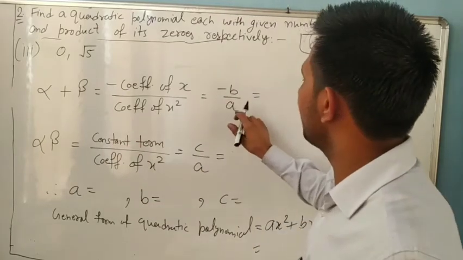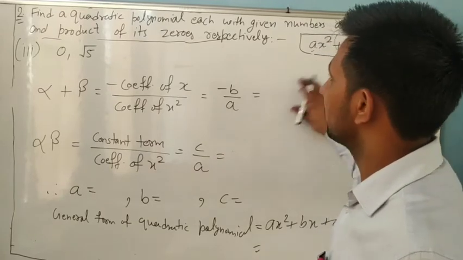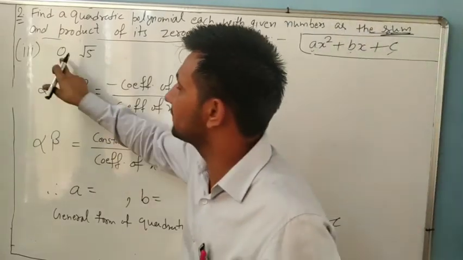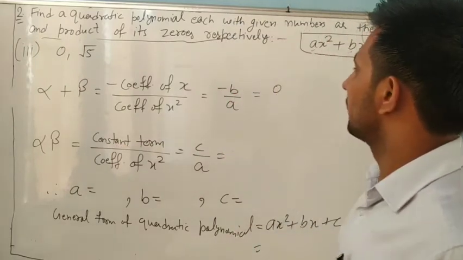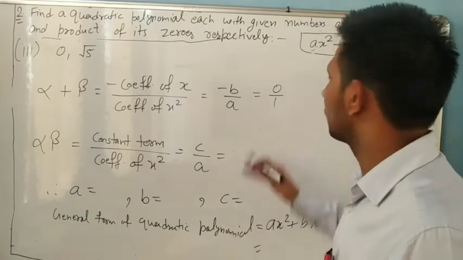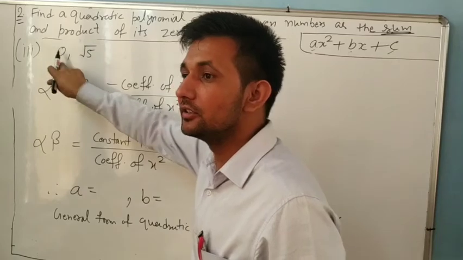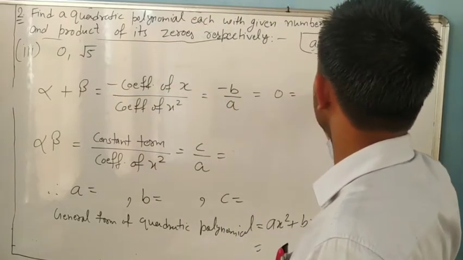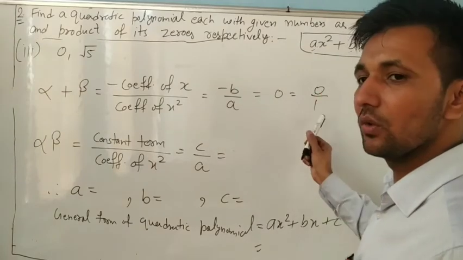Sum of zeros is given 0, and 0 you can write as 0 by 1. It means b is 0, a is 1.